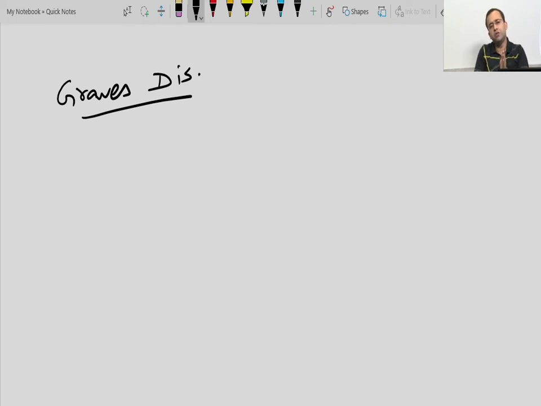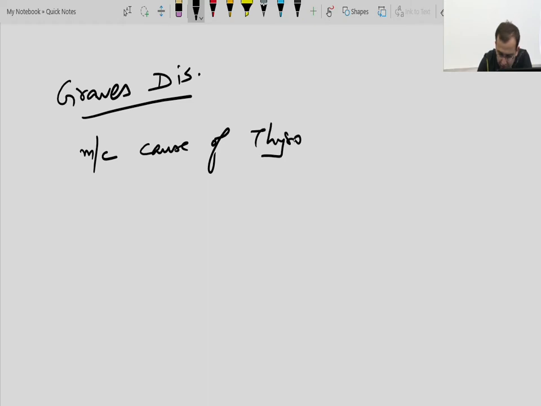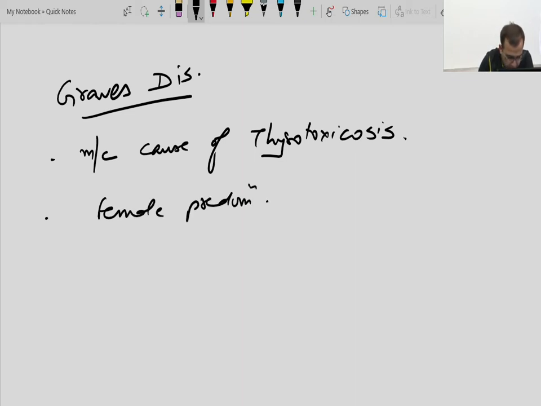Hashimoto's was the most common cause of hypothyroidism in iodine sufficient areas, whereas Graves' disease is the most common cause of thyrotoxicosis. Next point, it is again female predominant, with an age group of 20 to 40 years.